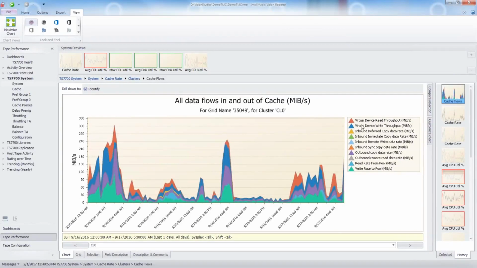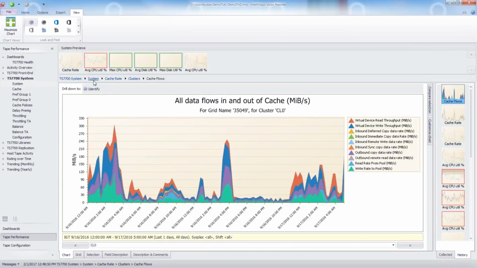What I see is that virtual device read and write, which is basically activity coming in from the host, is fairly high, and the outbound copy rate is also fairly high. So for the most part I've got a lot of activity from the host, as well as additional activity from a copy or replication perspective. Those are the things driving the utilization at that particular peak.